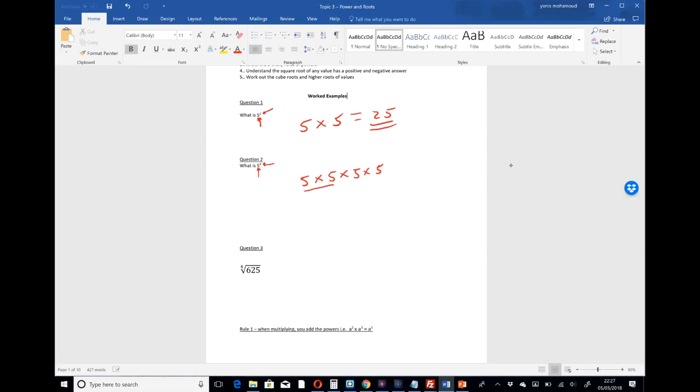So 5 times 5 is equal to 25, and 5 times 5 is equal to 25. Now we have to do 25 times 25.